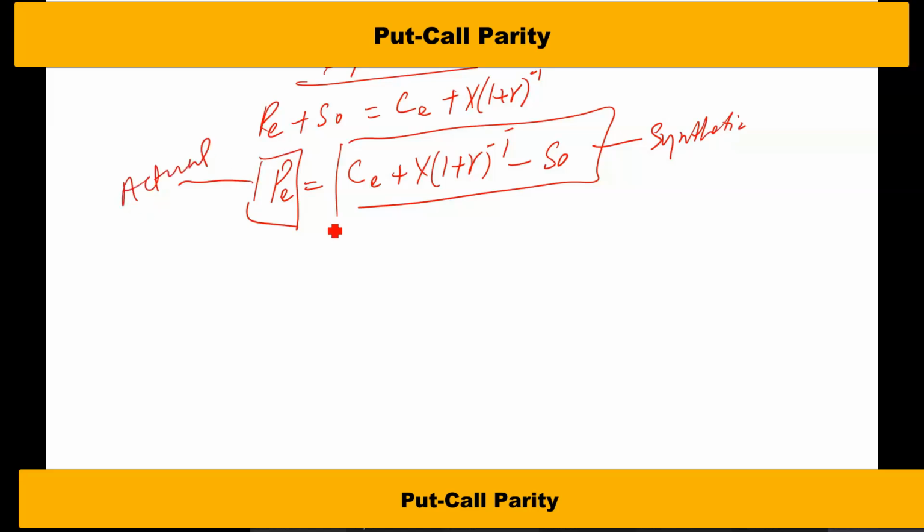If I want to replicate the payoffs of a stock, suppose Mr. A creates a portfolio where he has invested all his money in stock A, and Mr. B invests in the call option and the risk-free bond, and then he also shorts the stock.